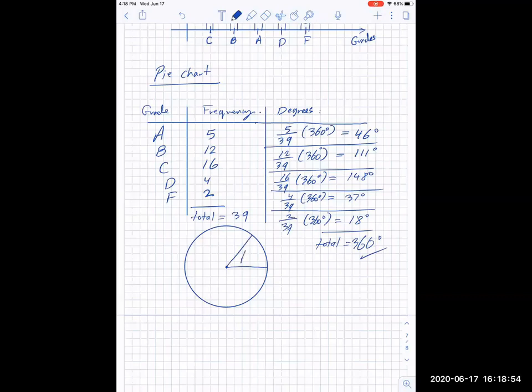This is category A. And then category B is 111. So it looks like this here, 111 degrees.